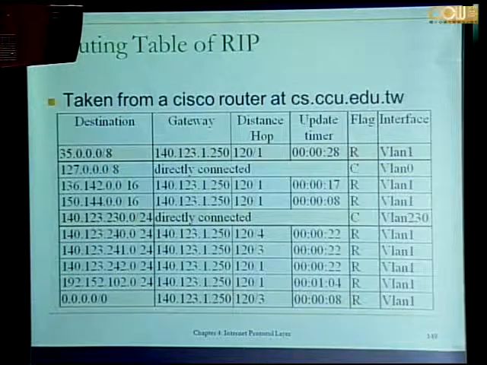And here's an example routing table drawn from a router at CCU. Here are the destination networks, and it will tell you the next hop and the distance.